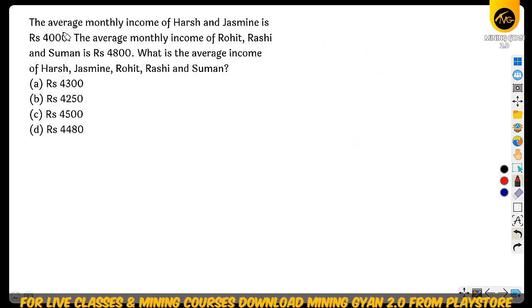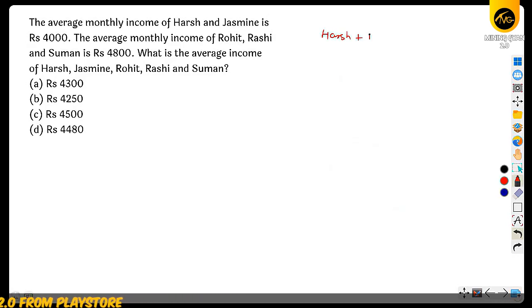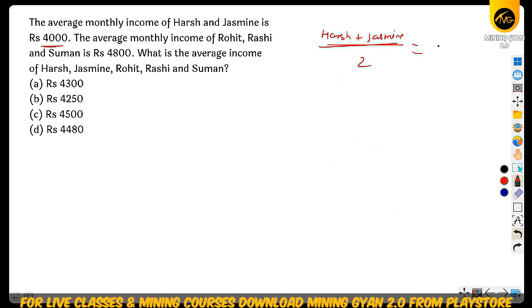Okay, next question: the average monthly income of Harsh and Jasmine is 4,000. Average income means there are two elements, the income of Harsh and the income of Jasmine, so divided by 2 is the average income, that is 4,000.